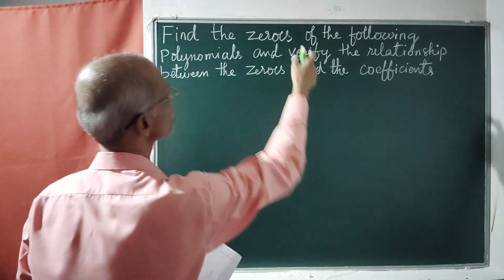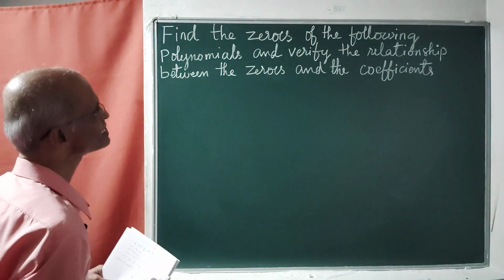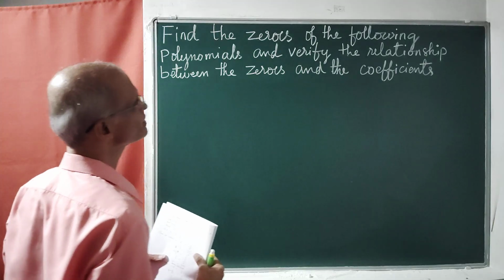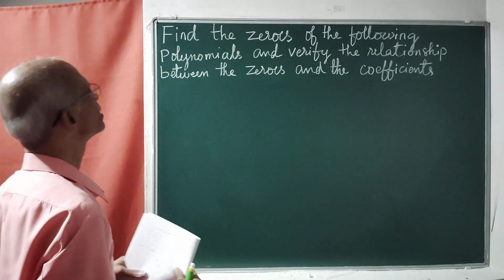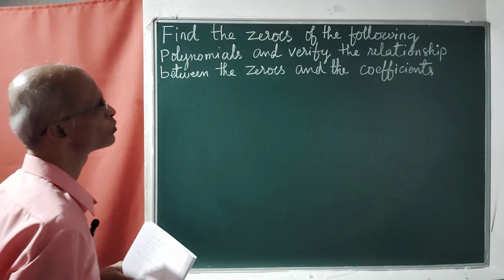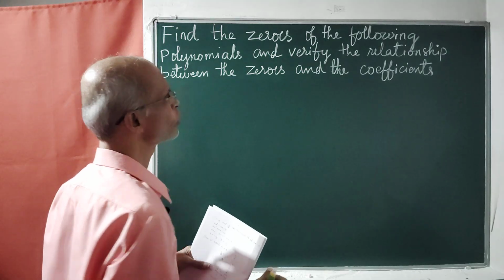Find the zeros of the following polynomials and verify the relationship between the zeros and the coefficients.